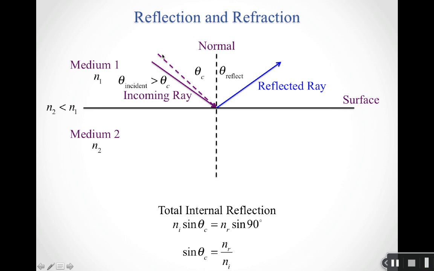We'll talk about some situations where we take advantage of total internal reflection, because I can keep my signal moving without losing any of it, since all of it gets reflected back based on the physics between these two media. And so these are the properties of reflection and refraction that we'll end up dealing with as we talk about light going between one medium and another.